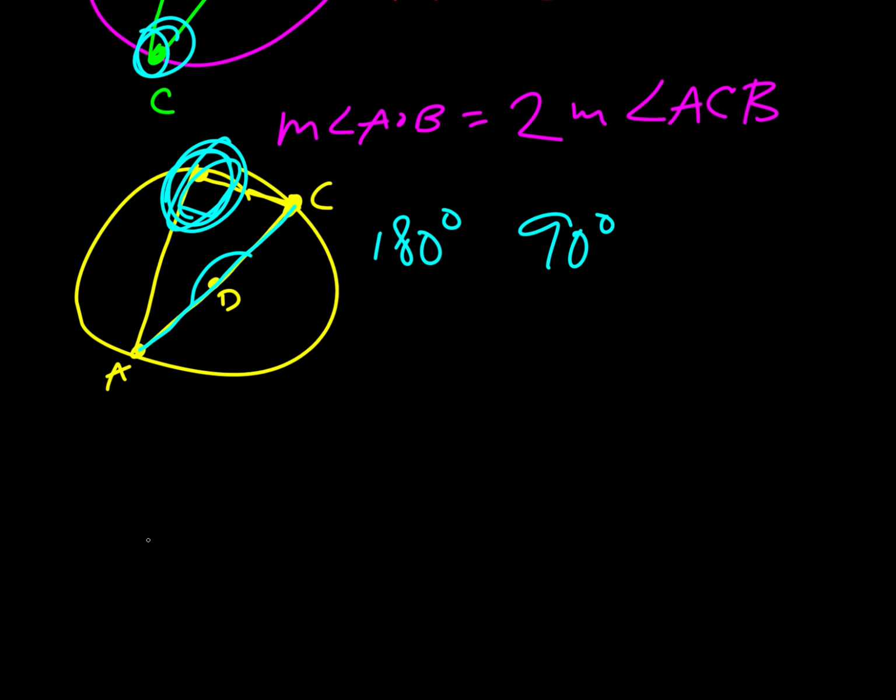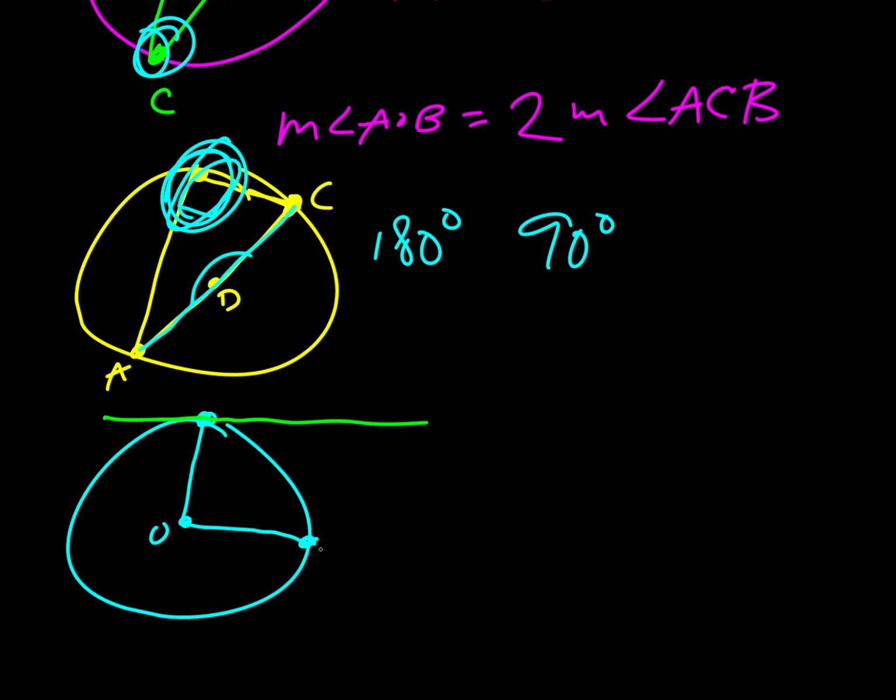Okay, and we have 2 more. So if we have our center O, we go to A, go to B, and then if we draw tangent lines to these, we call this point C. These 2 angles that are created are going to be supplementary.